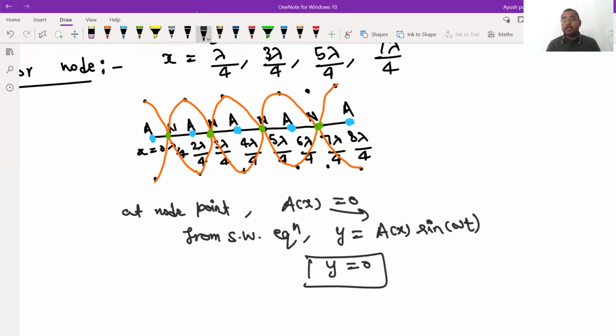If the particles at node are at rest, that means they will not be able to transfer the energy to their consecutive particles. That means energy will be confined. Where? Between this node point and this node point, because this node point will not be able to transfer energy to its consecutive particles, and this node point will not transfer its energy to its consecutive particles. So the energy in this loop will be confined in this loop only.